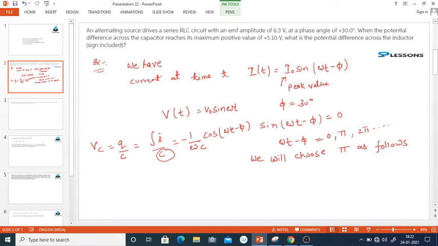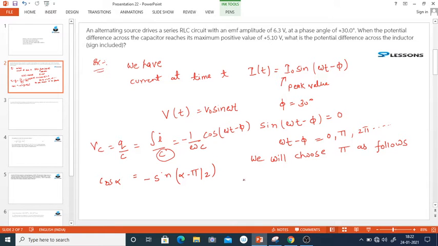Okay, for trigonometric equation we know cos alpha is equals to minus sine of alpha minus pi by 2. So we can take this trigonometric equation.